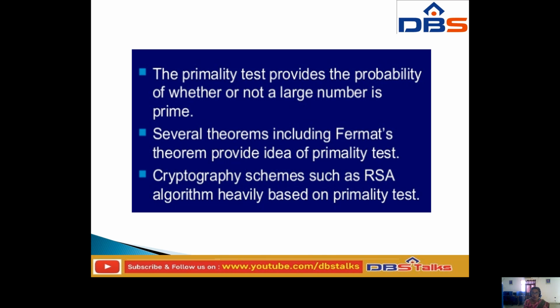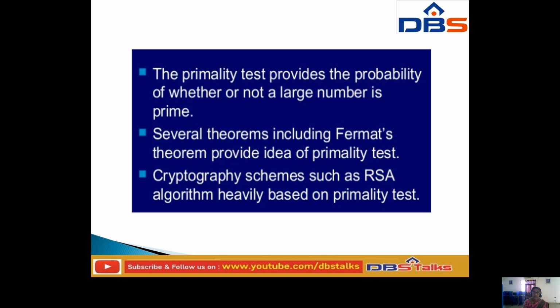Then definitely we should go for cryptographic schemes such as the RSA algorithm. It is heavily based upon the primality test. If you are going to do a primality test, then probability is not an essential thing that we are going to apply, but this is a major thing that we have to follow.